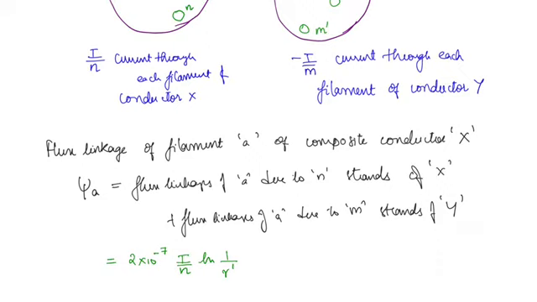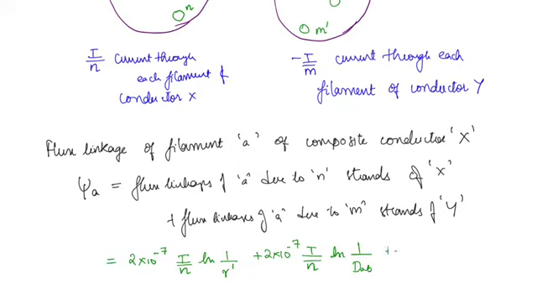Now the flux linkage of A due to filament B in conductor X, what will that be? 2 into 10 to the power minus 7 I by N ln 1 by the distance between A and B, which we will take as DAB.